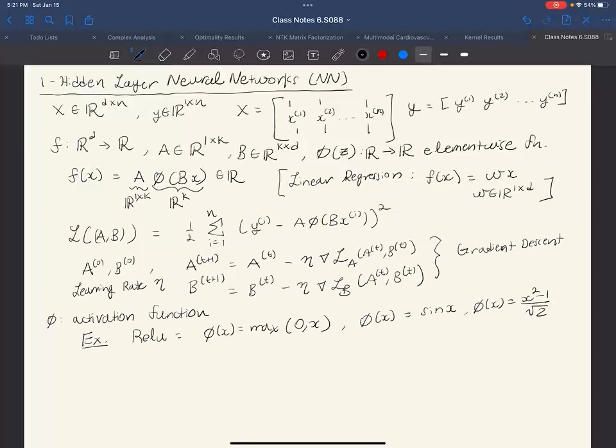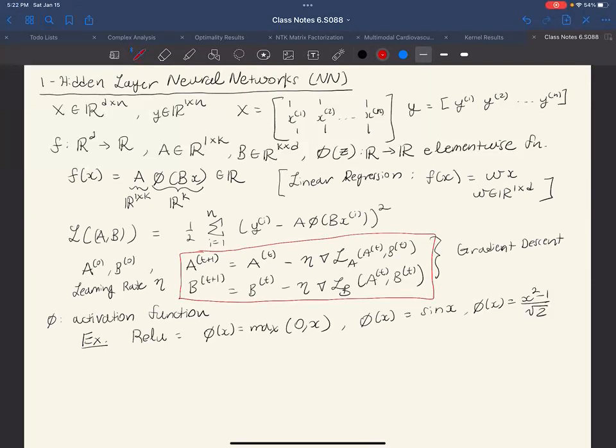So now the question is, this looks like a very complicated model. There's a lot of moving parts here. You have a nonlinearity. You have two sets of parameter matrices. How is this going to connect to kernel regression, and how can we understand what a neural network is doing? So let's consider the simplest case. Here we have two sets of equations for gradient descent, but let's assume that the parameters b are fixed and never updated.